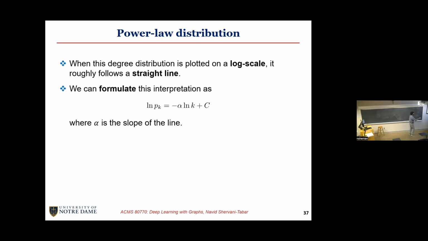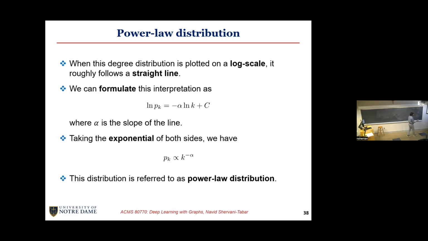So this relation shows our distribution in the log scale. Now I can take the exponents of both sides and get an equation that doesn't have ln's anymore. I have pk proportional to k to the minus alpha.